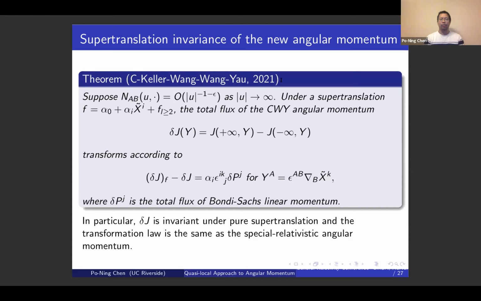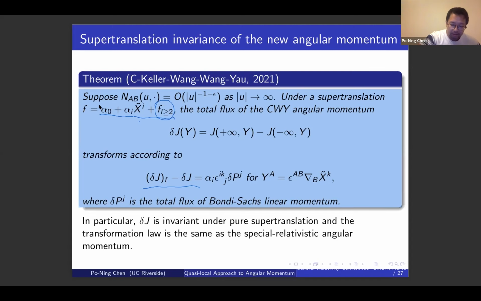In other words, if I do a coordinate change like before, then the change of the flux is what one would expect from the special relativity angular momentum. In particular, if I do a supertranslation, then this difference of flux, first of all, doesn't depend on this part at all. The pure supertranslation part doesn't affect the change in the total flux. Neither does this part, which is time translation.